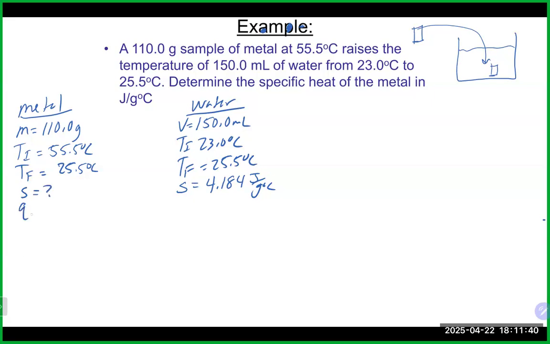In order to find S for the metal, we need to find our Q, and we're going to do that using water. Now, we have everything we need for Q except that we have volume and not the mass of the water.